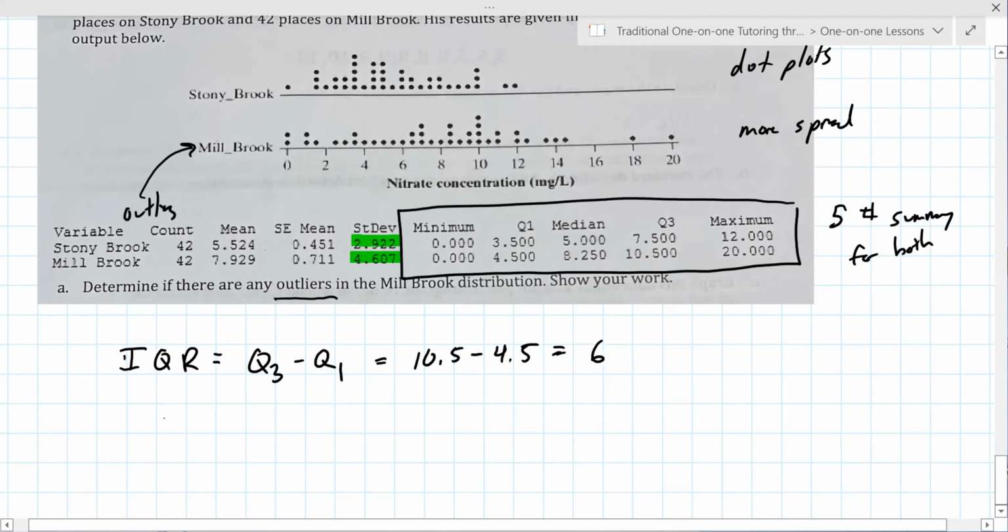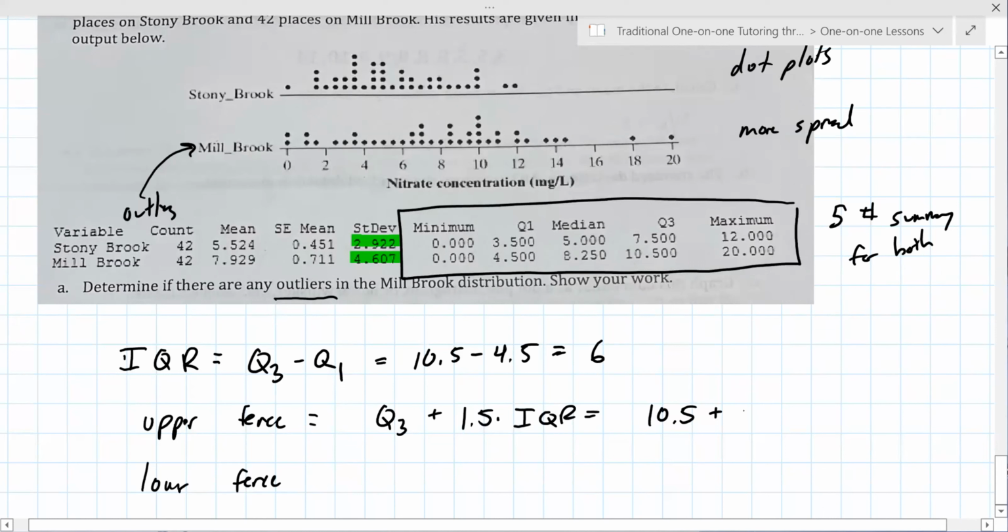So to determine any outliers, you have to determine what's called an upper fence and a lower fence. The upper fence is Q3 plus 1.5 times the interquartile range. So for your problem, that's 10.5 plus 1.5 times 6, which ends up being 19.5.